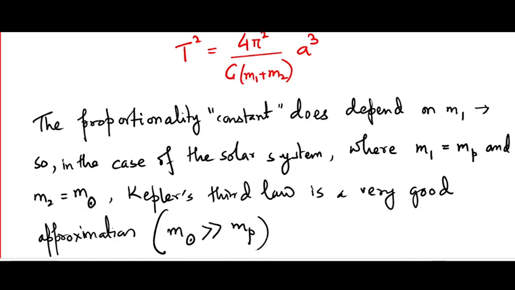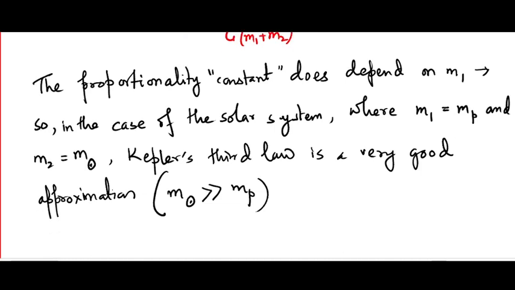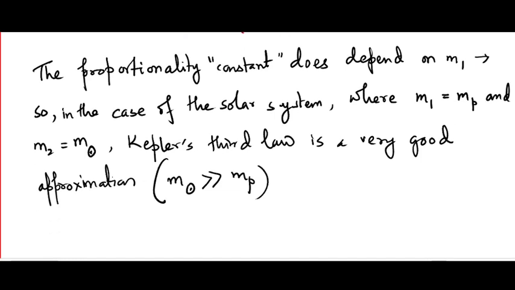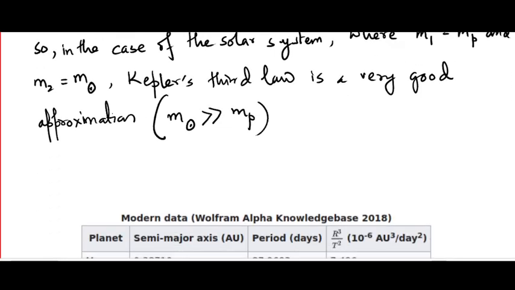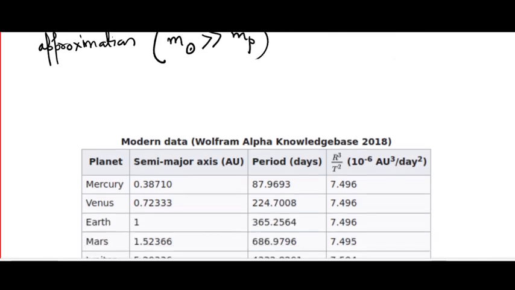Now, if you use current values of the semi-major axis and period of various planets, you see that the value, at least for the innermost rocky planets, is exactly the same. That's simply because all of these planets are so light compared to the sun that you are going to get the same constant. Actually, the constant is the same for nearly all of the planets.